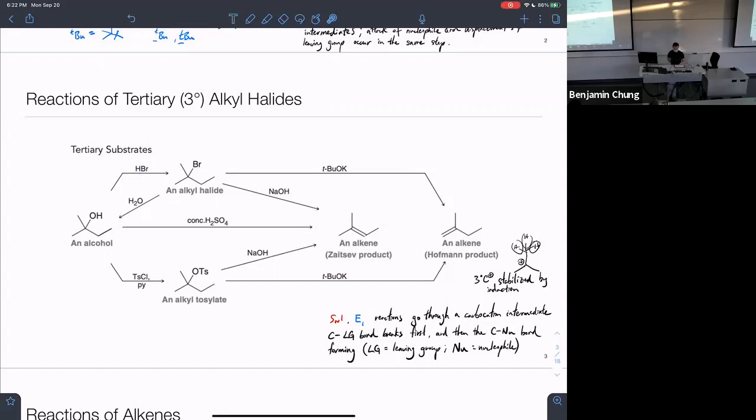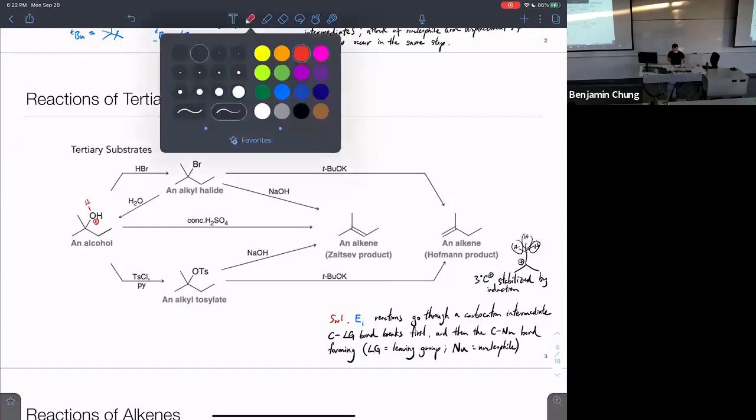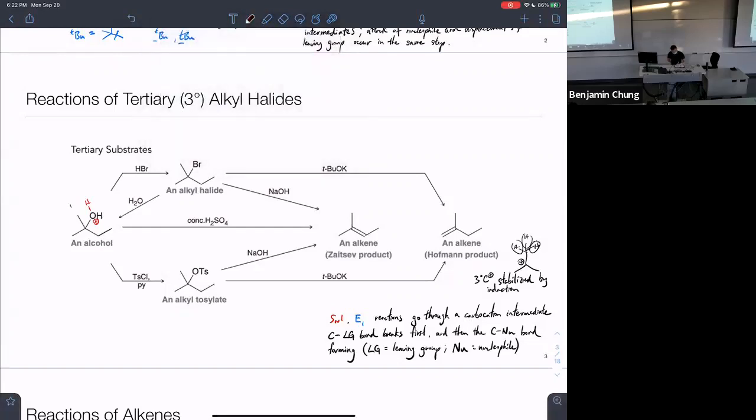Our first step, like before, would be protonation of that hydroxyl group. And that would generate a good leaving group like that. But because we have a tertiary carbon this time, we can form the carbocation intermediate. So we actually go through that carbocation intermediate, which looks like that.